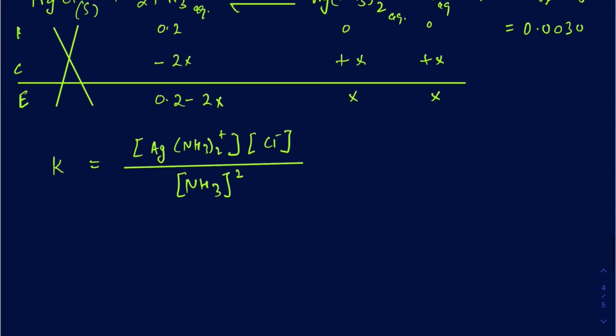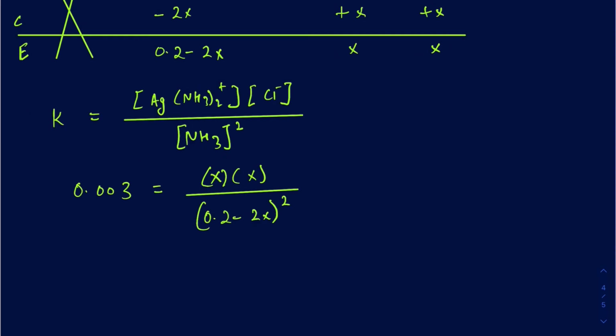So now it's all about putting those values in. It's going to be 0.003, equal to x here and x here on the top. In the bottom, you're going to have 0.2 minus 2x to the power 2. So from here, we can do x squared, divided by 0.2 minus 2x squared.